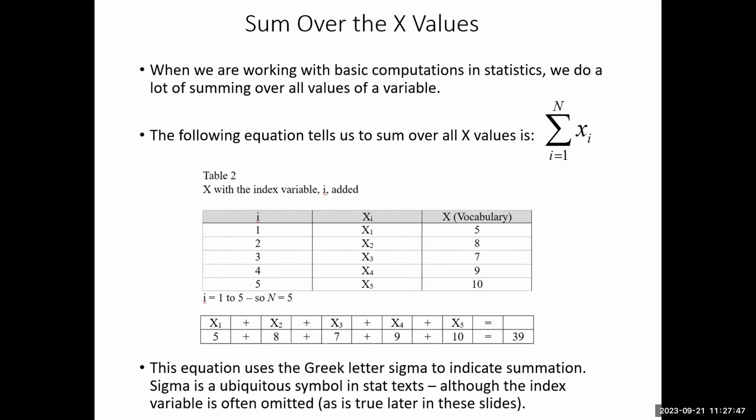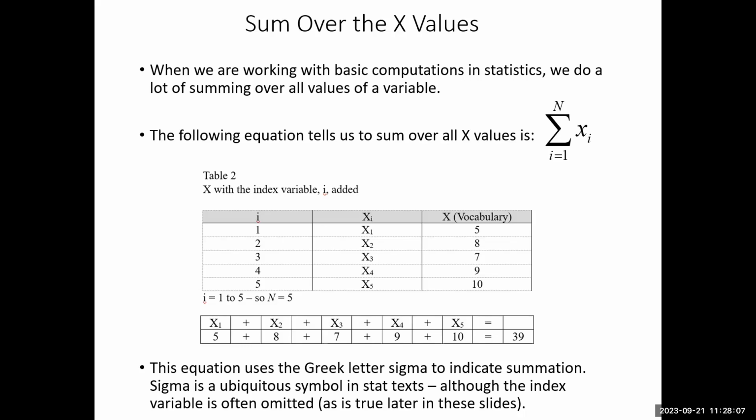So we see x sub 1 in the middle column, and then we see the actual x value on the right-hand side of 5, right? So for the first couple of rows there, we would say x sub 1 is 5, x sub 2 is 8, okay? The table note shows that I ranges from 1 to 5, where n equals 5.